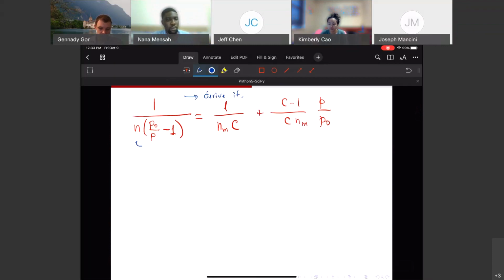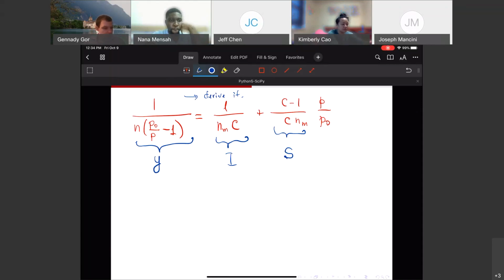But this is your function. This is your, let me call it y. This is your intercept, and this is your slope, if you plot your function y as a function of P over P naught.